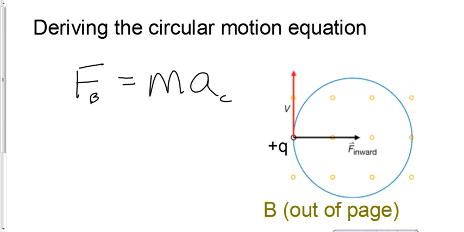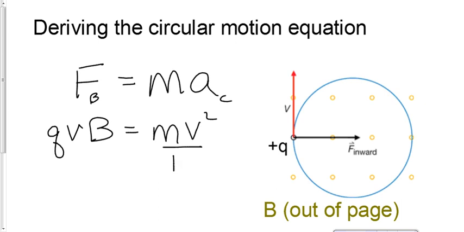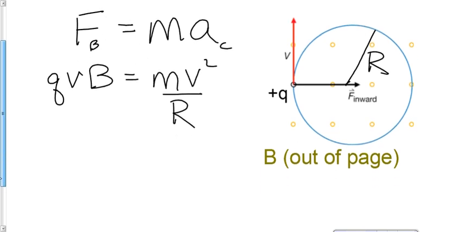So now I'm going to substitute in qvB, and I'm going to leave out the sine of 90 because it's just 1. And over on this side, I have the mass of that charged particle, and then our expression for centripetal acceleration, which is v squared over R. I'm using capital R for the radius of the circle that's made.